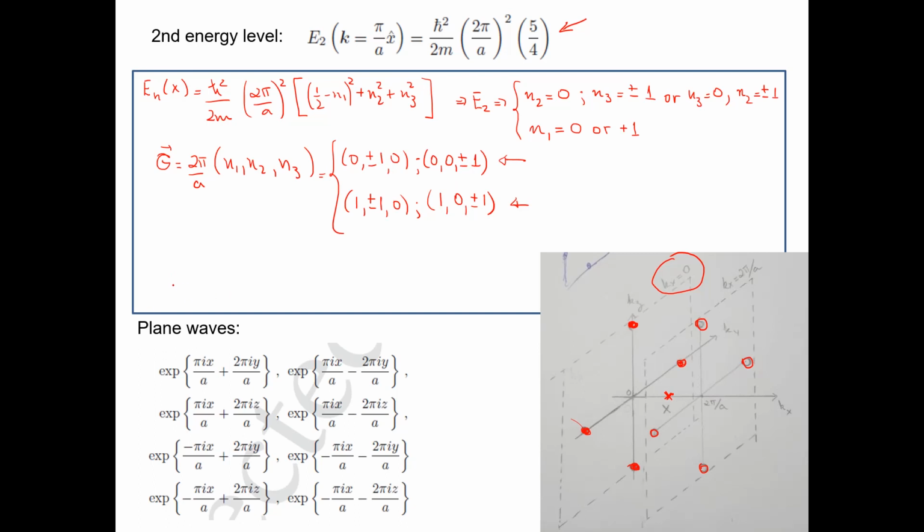Again, the plane waves are, not psi k, but I mean these are the plane waves basis functions, which in this case are e to the i (k minus G) dot r, for these 8 different cases, and k is the X point, and these are the different plane waves that one gets.